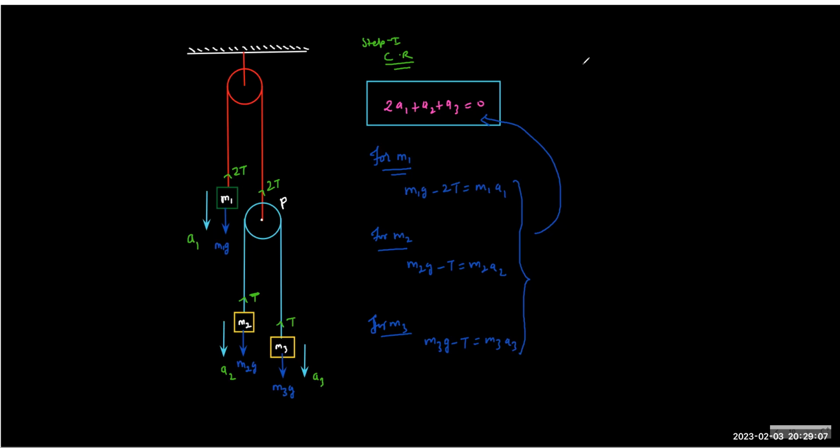We have the constraint 2A1 plus A2 plus A3. If you remember the method I gave you, how much will come? Can you guess? 2T, T, T for all masses, right? So it's 4G. So T equals 4G upon, M2 and M3 will have the same value, 1 by M2, 1 by M3.